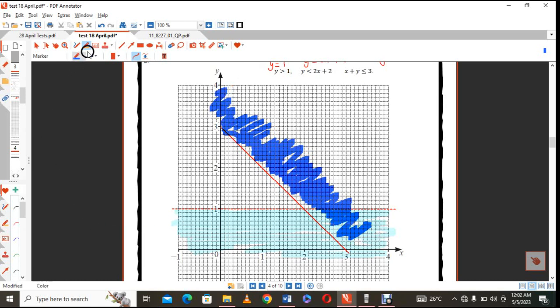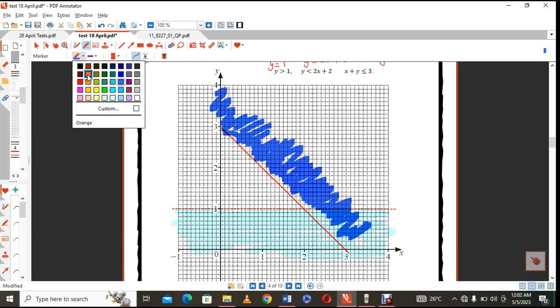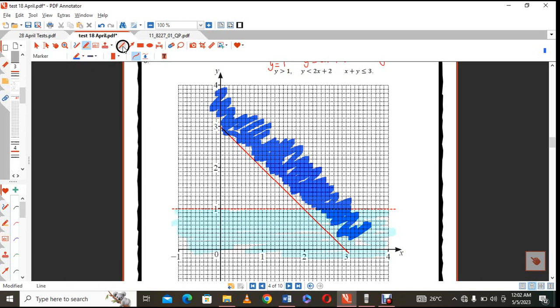All right, and then the last one that we are supposed to shade was the line, this one, y is less than 2x plus 2, which we know is a dotted line because there is no or equal to there, and it was from -1 until 2, remember, when I was doing the other work.